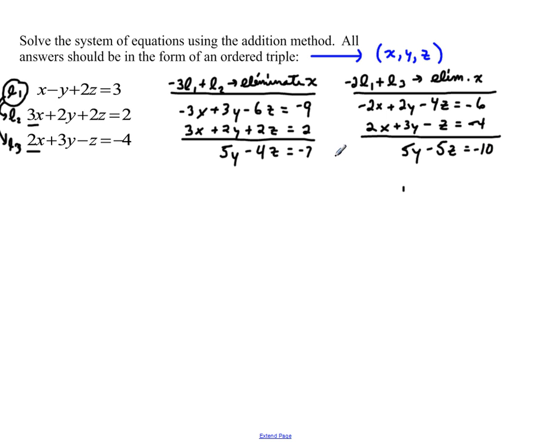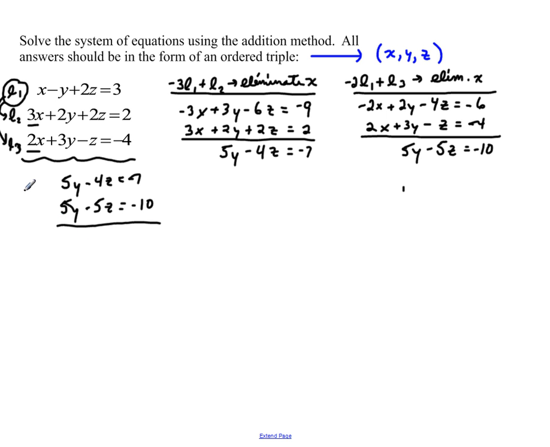So there we go. Now we've got an equation in two variables, y and z, right? We've got 5y minus 4z equals -7. And we've got 5y minus 5z equals -10. All right, so you might be saying to yourself, what do we do with this thing?